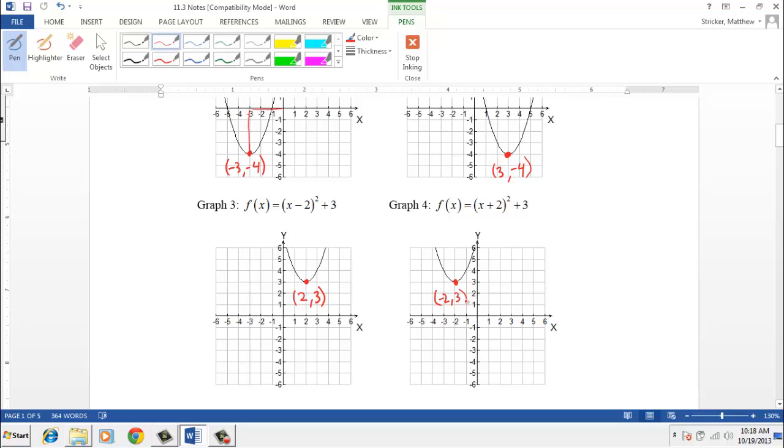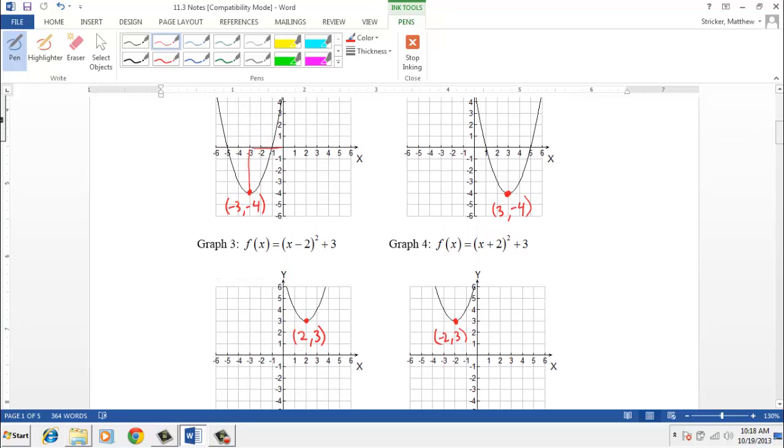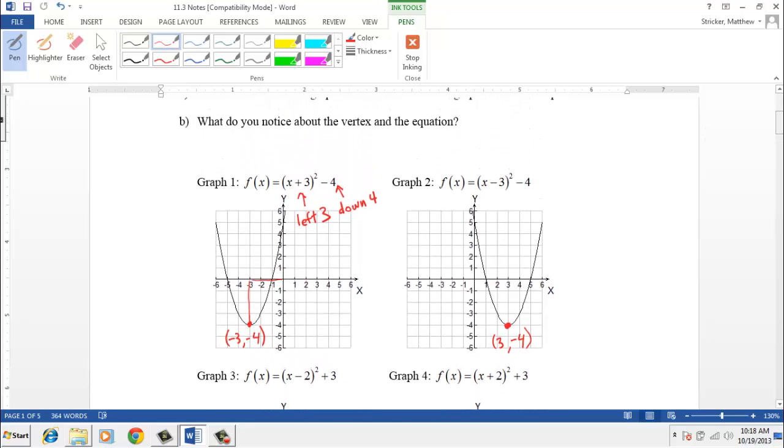Now there's one thing that all of these examples have in common. All the vertexes have in common. And that's what I wanted you to ask yourself in this question part B. It says, what do you notice about the vertex of the equation?